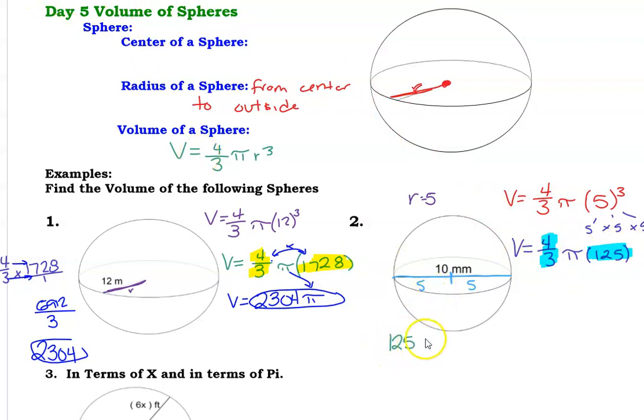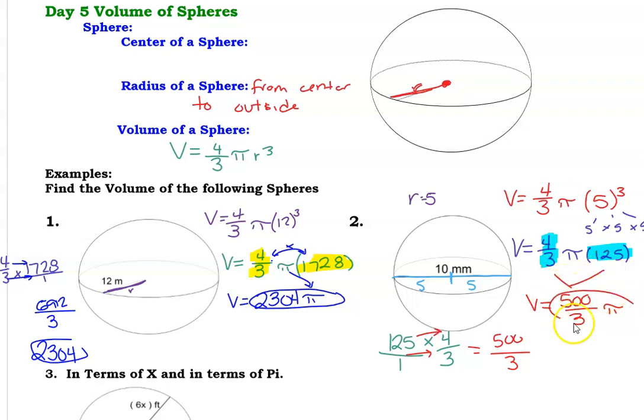So 125 times 4/3, I'm going to put the 125 over 1, and then I'm going to multiply across. So 125 times 4 is 500, and then 1 times 3 is 3. 3 doesn't divide into 500 equally, so I'm just going to leave it like that. And I get V is equal to my fun little fraction here, 500 over 3, which is what I got when I multiplied those two together. And then stick a pi on the end.